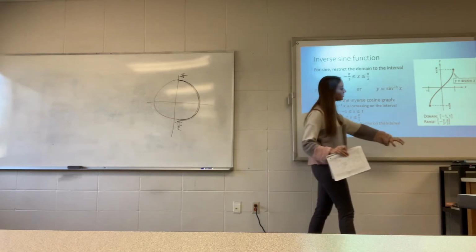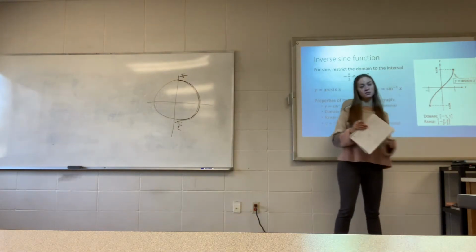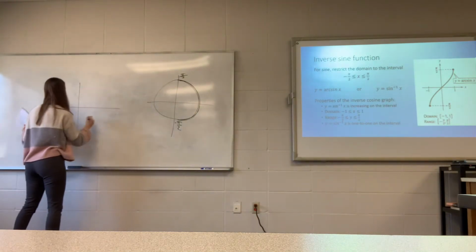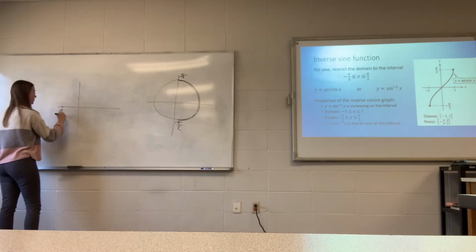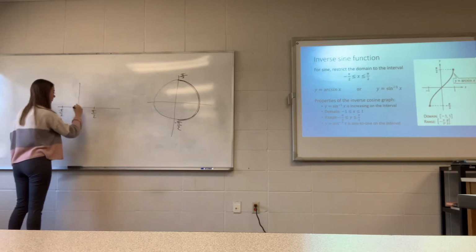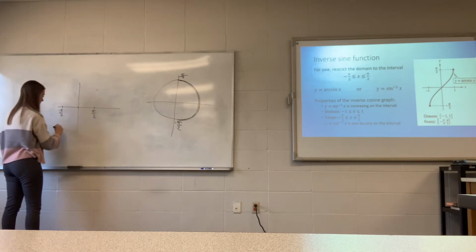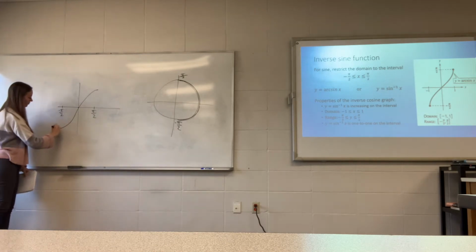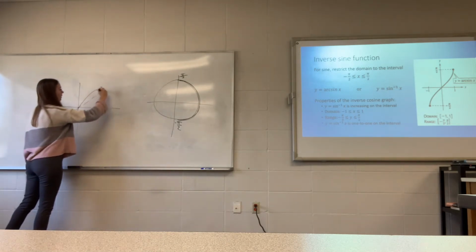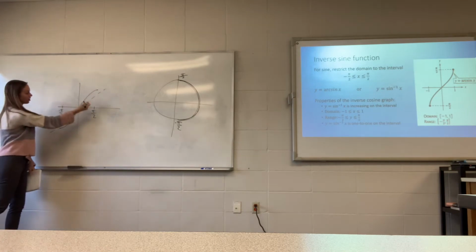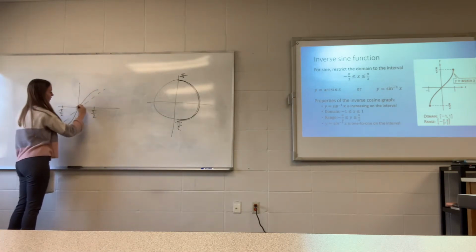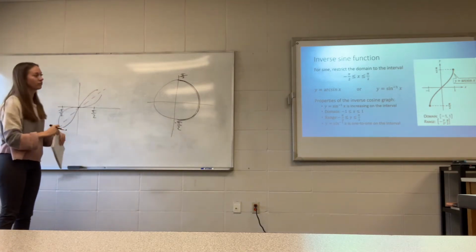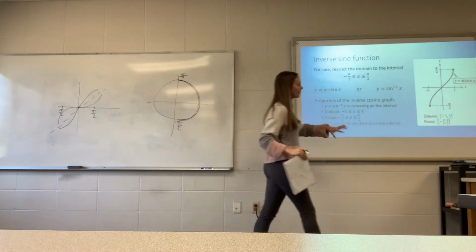So if I take my sine graph from negative pi over 2 to pi over 2, these points, and reflect this over my line y equals x, these chunks just get flipped, which is exactly what that graph looks like. So this is my graph of inverse sine.